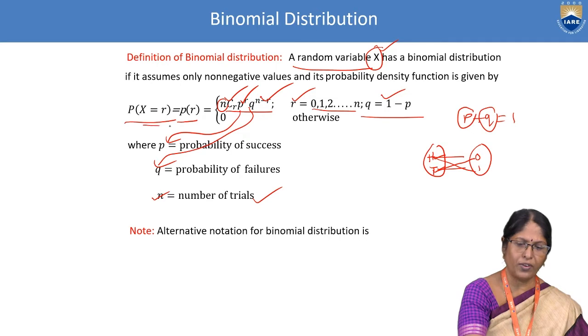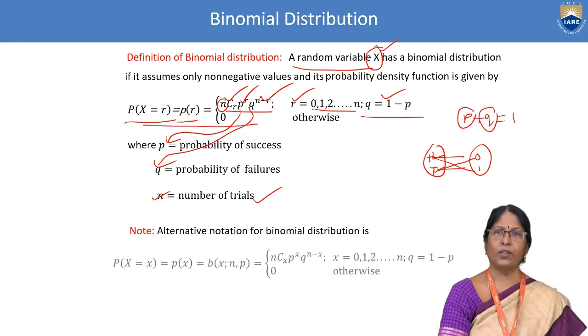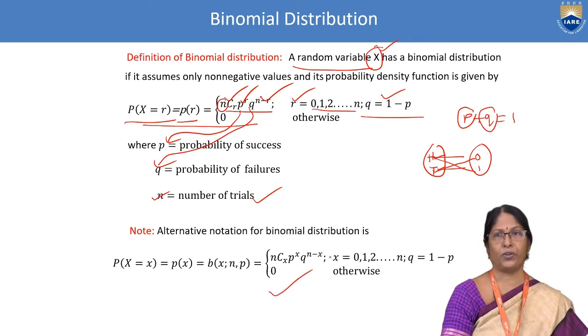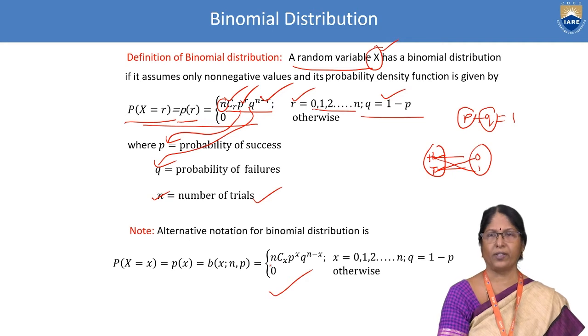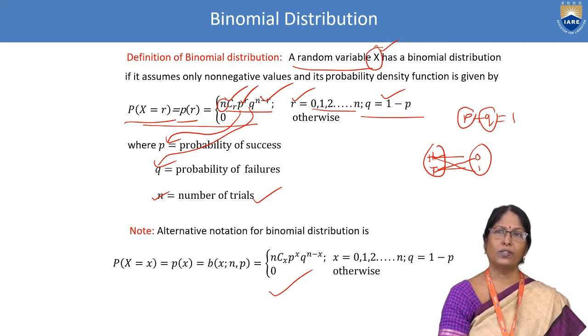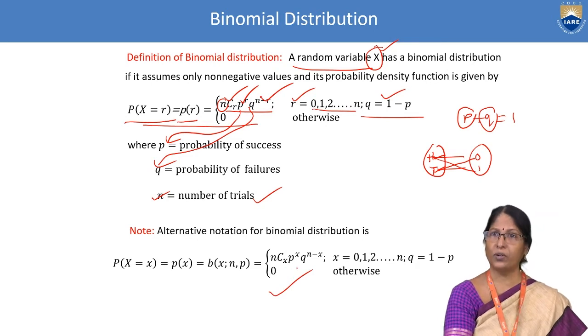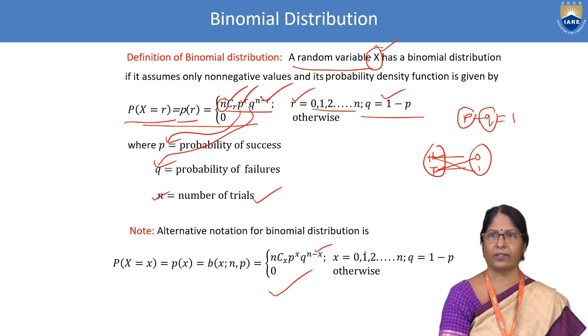We can use this formula generally. Usually while solving problems, we use this notation, that is, instead of r, we take x. Even in this lecture, we are going to use the notation nCx p to the power x q to the power n minus x.